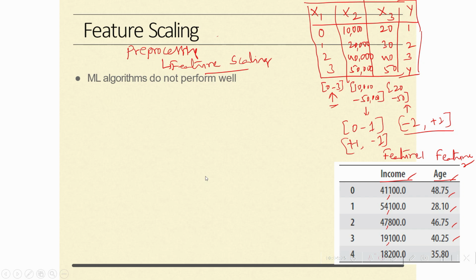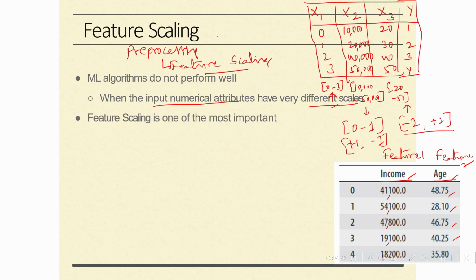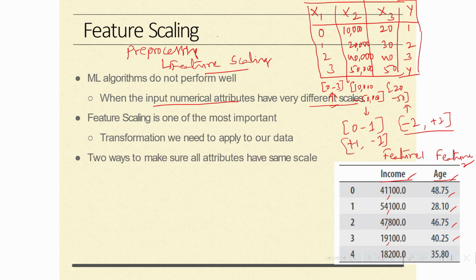ML algorithms do not perform well when the input numerical attributes have very different scales. So feature scaling is one of the most important techniques or transformations we need to apply on our data set. Then you can apply the machine learning algorithm, and it is going to work very well on our transformed data set.